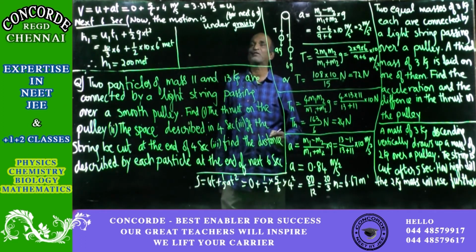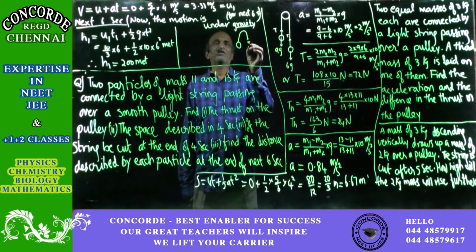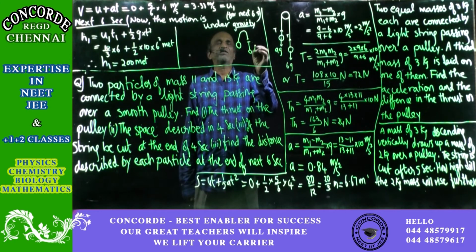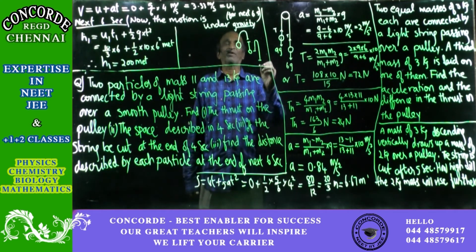So how to describe that motion? You see, when the string is cut, this body which is moving up will come to rest, then will move down. All this I have already explained. Don't try to find out the total distance of going up and then coming down. Where is the starting point? Where is the final point? Down.